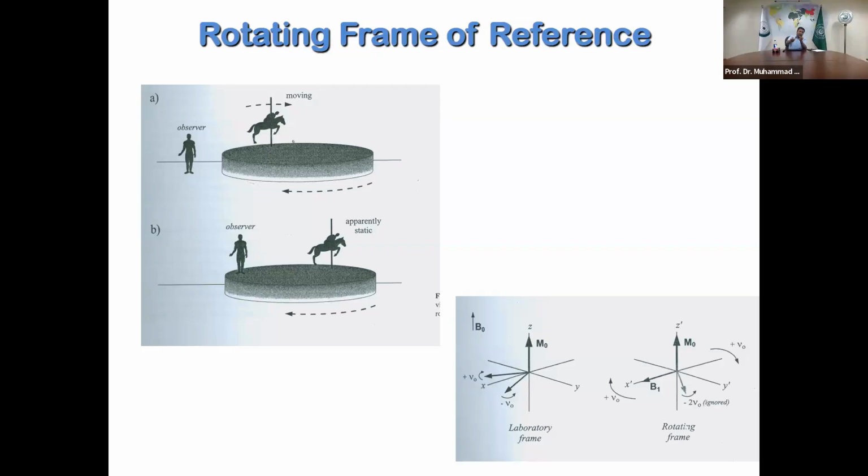You will only be able to understand their relative position on the XY plane when you are part of the reference, which is called the rotating frame of reference. So you are sitting on one of them, standing on one of these vectors, and then all the other vectors become almost stationary for you, and you can see only the difference between them.